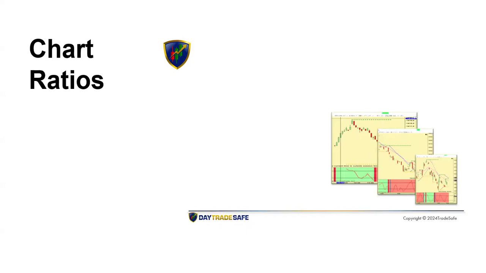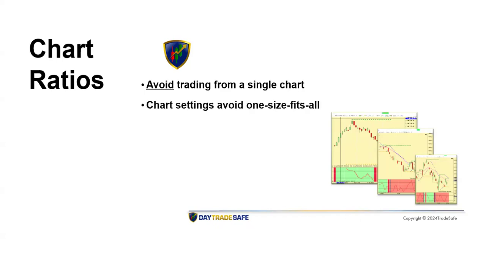And above all, avoid trading from a single chart. I mean, for decades, we've known that you can't get all the information you want from one chart. You need context. This will give you that, because it will prevent you from having that one-size-fits-all complex.